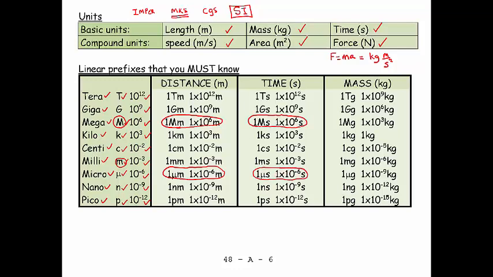Here comes the catch. We don't base our mass unit on the gram, we base it on the kilogram. So if I have 1 megagram, it's not 1 times 10 to the 6 kilograms, it is 1 times 10 to the 6 grams.